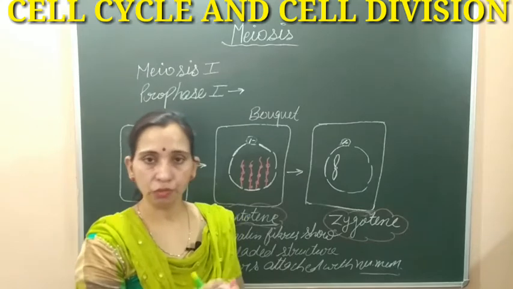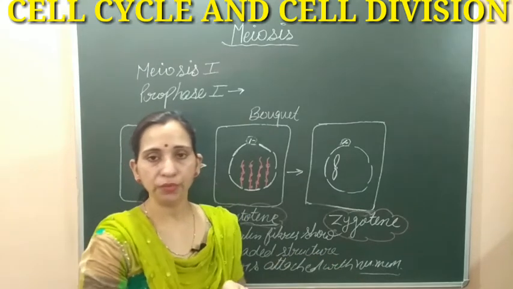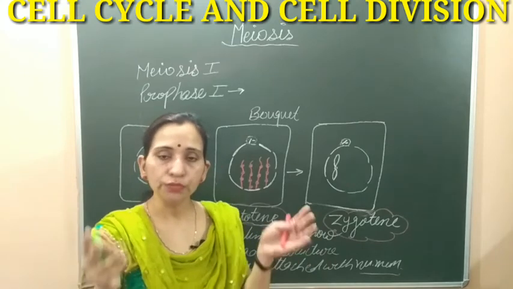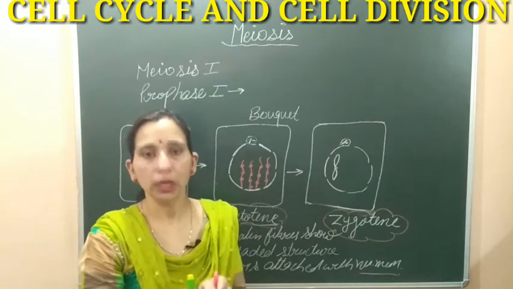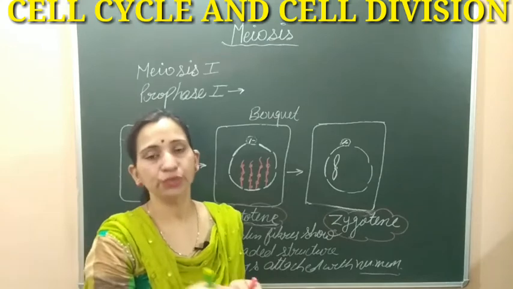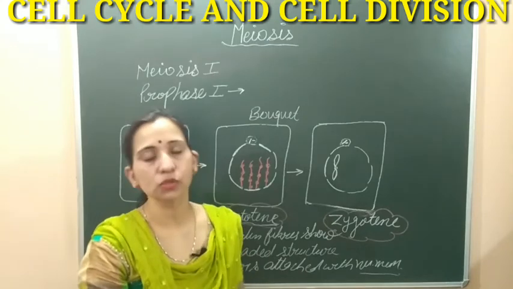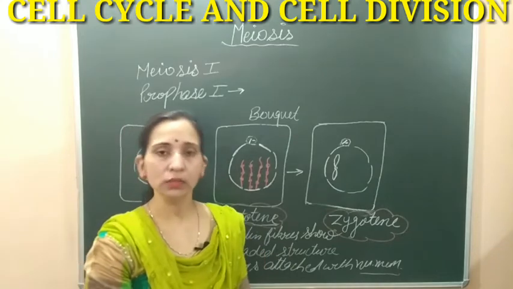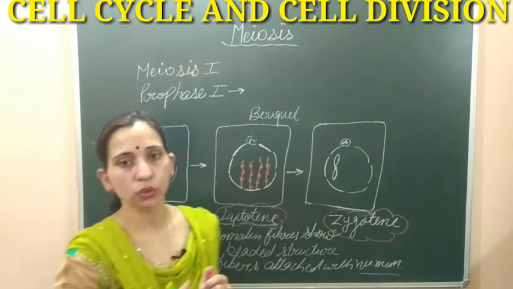In these 23 pairs, one chromosome comes from the father and another from the mother, and both of these chromosomes carry the same alleles of the genes. किसी भी gene के same alleles को carry करते हैं. They are responsible for the same type of genes. These chromosomes are known as homologous chromosomes.